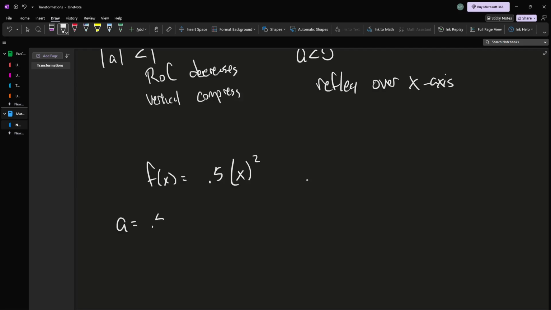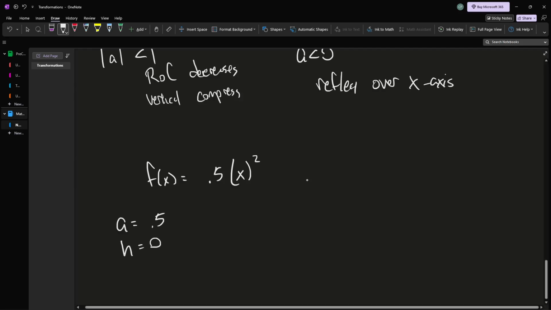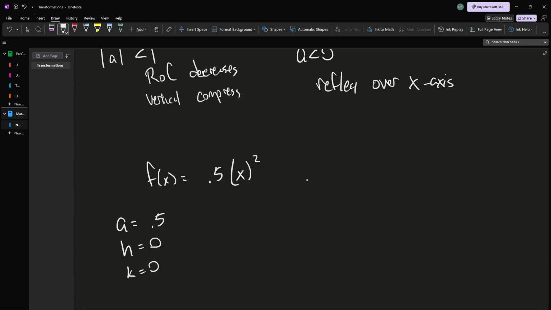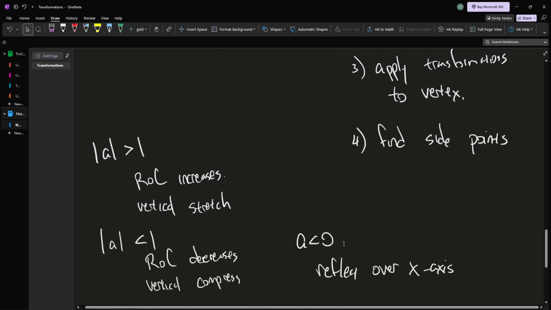A is 0.5, h is 0, k equals 0. What is happening to my graph? It is a vertical compression by 0.5, or by 1/2. Nothing else is happening. I listed my transformations.